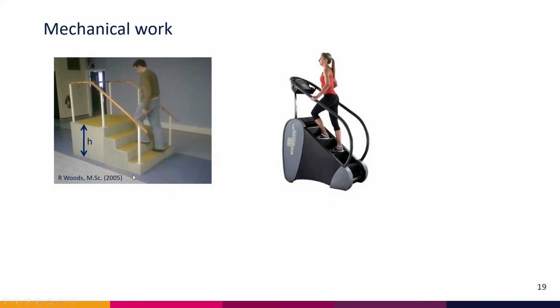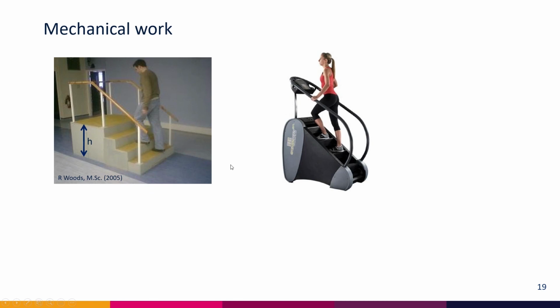On the left we have a person in the lab, walking up some stairs to a height h. And on the right we have a woman on a stepper machine in the gym. So she's moving her legs and going up and down, but she's pretty much just staying at the same height on the machine because the stairs are what's moving.